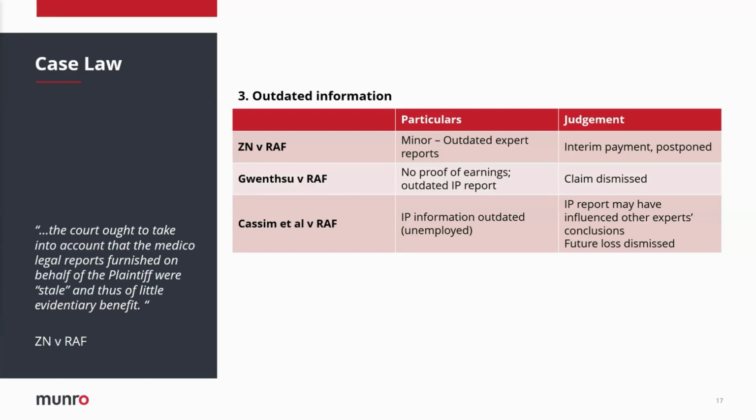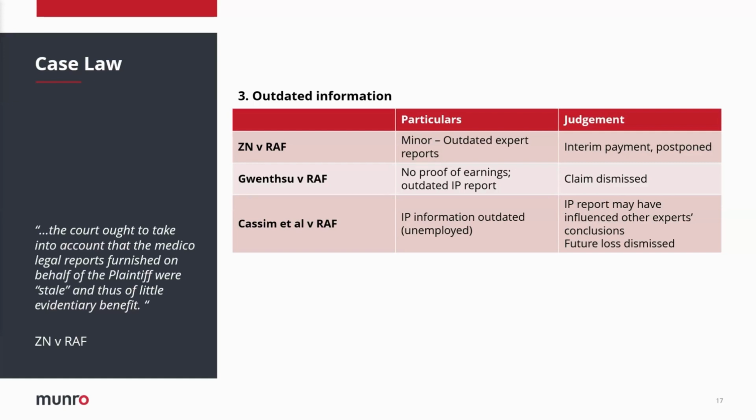And in Kasim et al., the IP information was outdated. At the time, the industrial psychologist worked from the basis that the claimant was unemployed. Factually, the court established that they were actually employed at that time, and that changed the whole basis of the postulation. The judge also noted that the IP report may have influenced other expert conclusions, including the actuary, of course, and the future loss was dismissed.